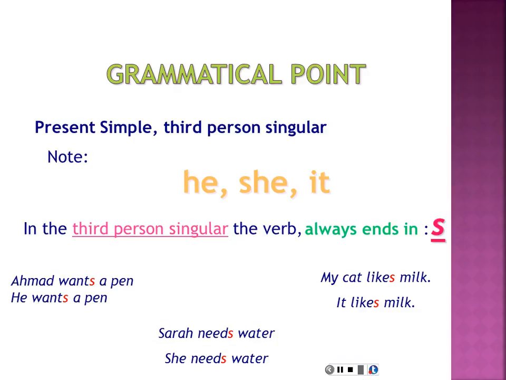Okay, this is the end of this grammatical point, so don't forget to add s to the end of the verb when we talk about third person or singular third person. شخص غائب وهو مفرد. شخص مفرد غائب. So we add s to the verb.